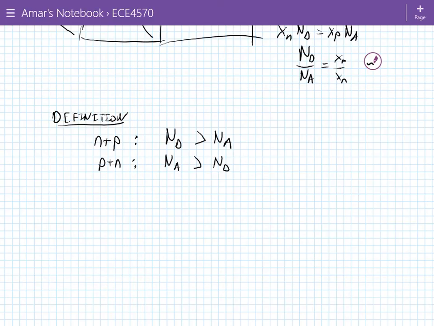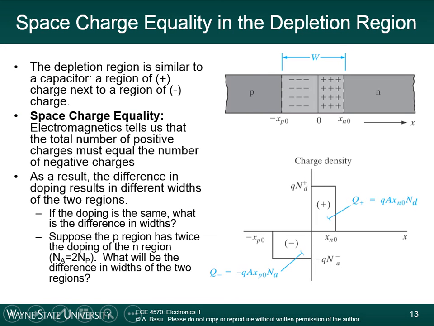Just to make sure we're all on the same page, in the example shown on the slides, we're looking at an N plus P junction. You see that the positive charges are at a higher density, meaning the spacing between the positive charges is smaller. This is true if you have a higher doping density on the N side.